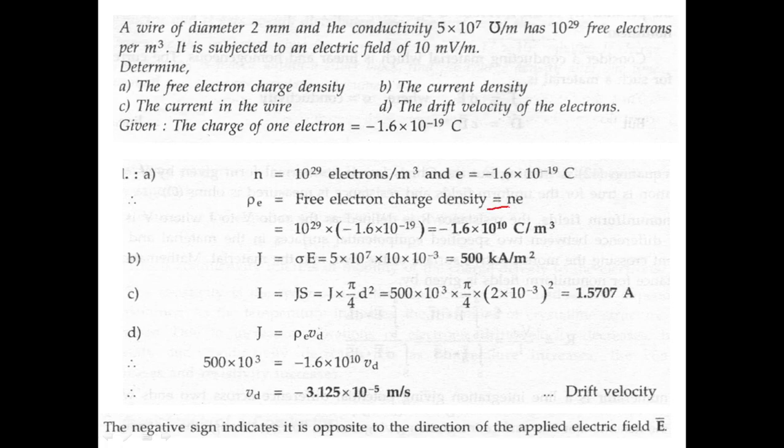This is the equation for charge density, that is number of electrons into charge on each electron, and this is the equation for current density, that is Ohm's law, sigma into E. This is the current density formula, and this one we derived in convection current, and we use it here for calculating VD. So these are the four formulas which you can note down, which may be useful for solving other problems. So we'll go to the next problem.